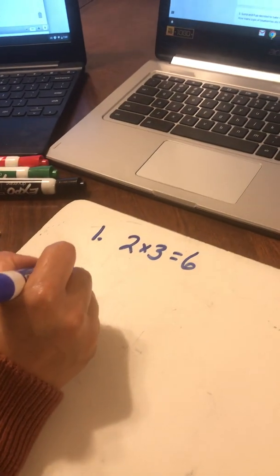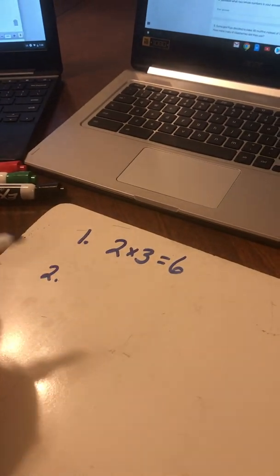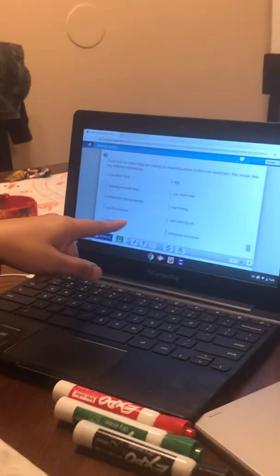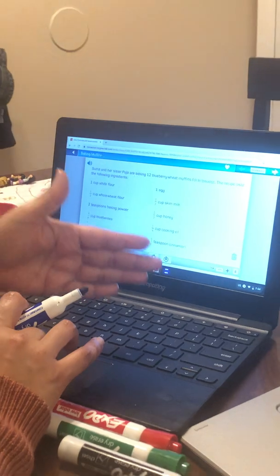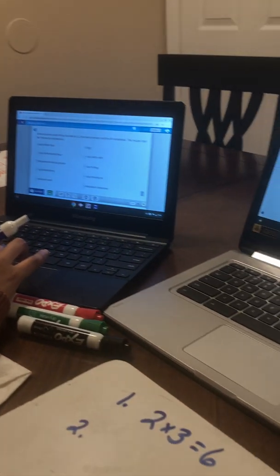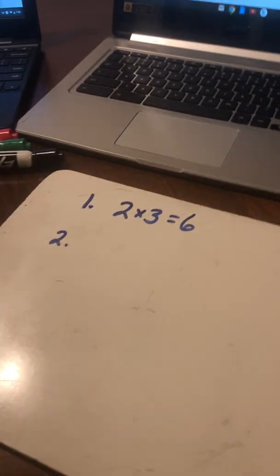Okay, question number 2. How many teaspoons of salt do the girls need? So I could scroll up over here, and if you're using Connected, obviously you'd have to just click back and forth between the screens. So salt, they need 1/4 teaspoon of salt.